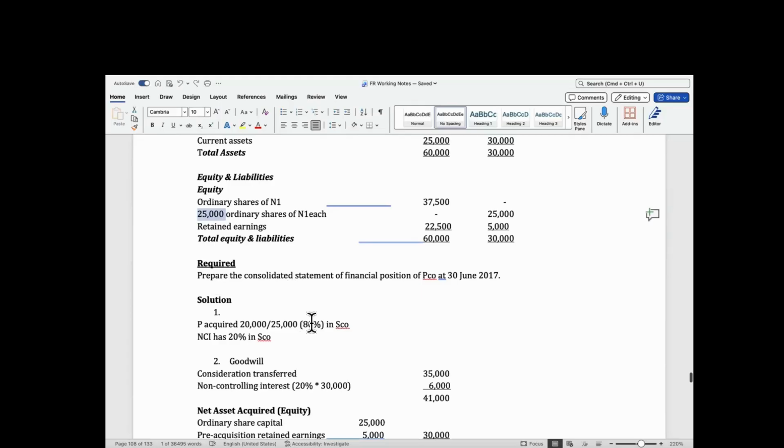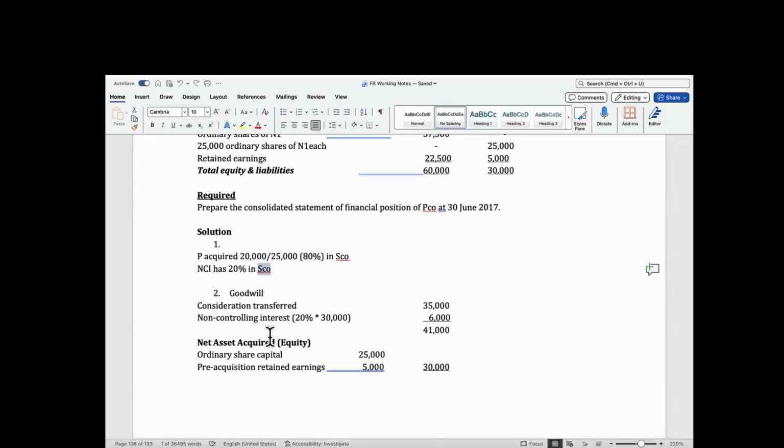That means the parent bought 80%. Therefore, NCI has 20% in ESCO. So let me do my cancellation. The parent paid 35,000 for 80%. The remaining 20%, I need to add it so that I can be comparing 100 against 100.